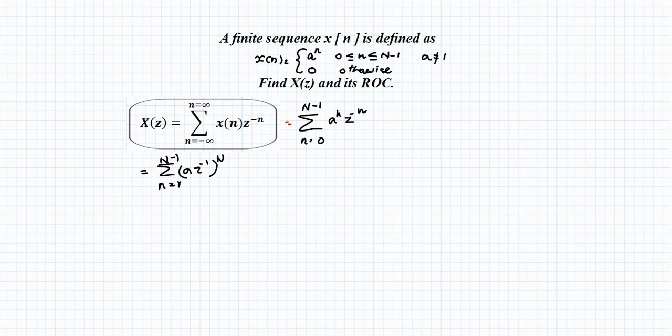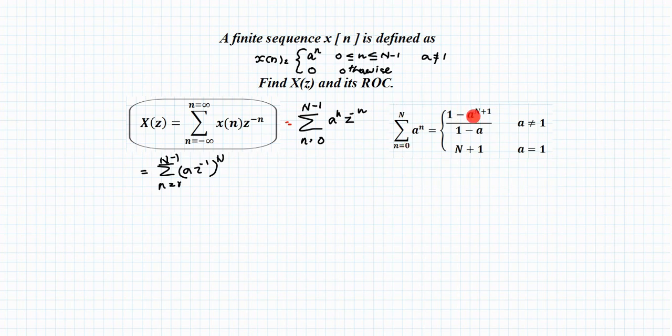Okay, now we need a formula to evaluate this. So this is the standard formula for a finite sequence. And you can see that if the summation is from 0 to n, a raised to n, you can write 1 minus a raised to n plus 1. It's very important. If it is from 0 to n, in total there are n plus 1 values.